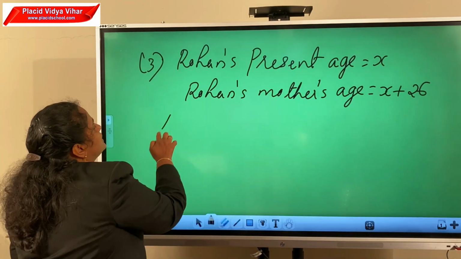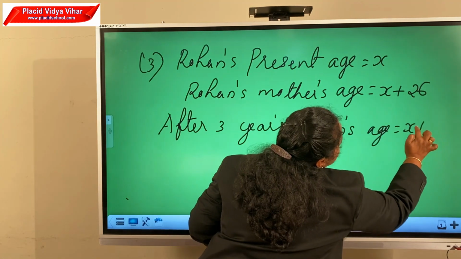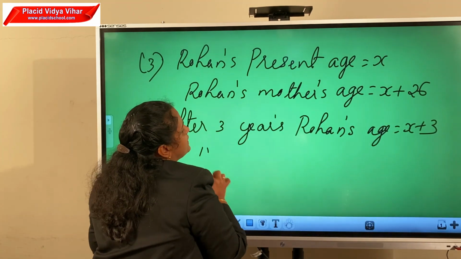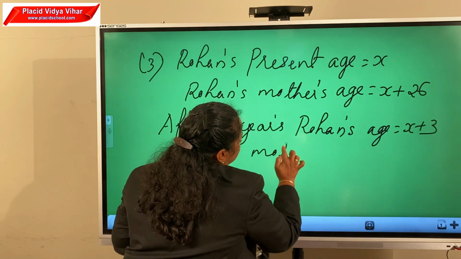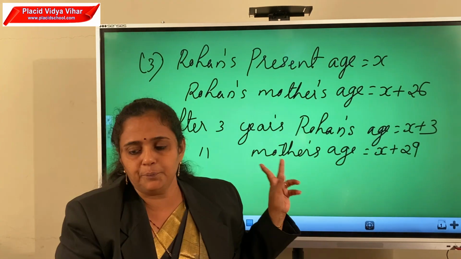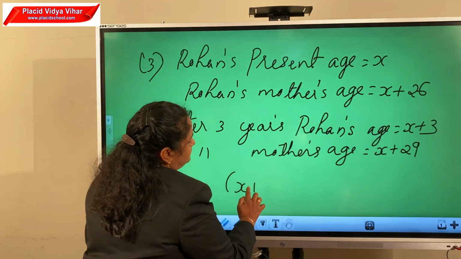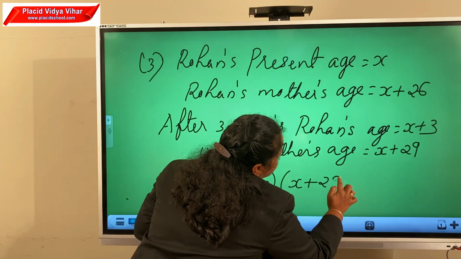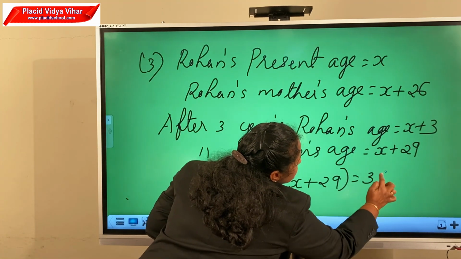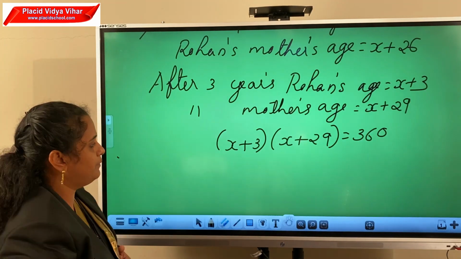That means after 3 years, Rohan's age is x plus 3 and mother's age is x plus 26 plus 3, that is x plus 29. The product is 360, that is x plus 3 into x plus 29 is equal to 360. On the left hand side you should remove the brackets and multiply.